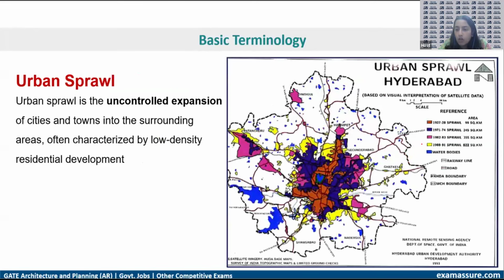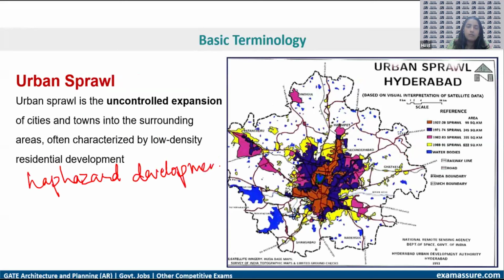Coming to urban sprawl, again, it is more of an uncontrolled expansion where there is haphazard development that takes place in a city. Uncontrolled haphazard development which spreads towards the edges of the city is your urban sprawl.